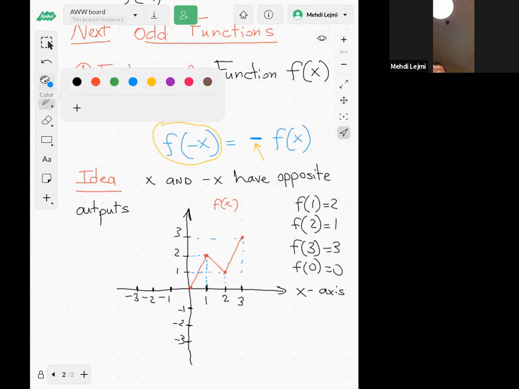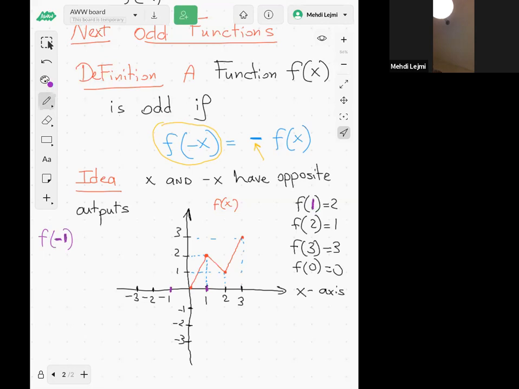So for example, if x is positive 1, and you take minus x, that will be -1. So the question is, what will be f of -1? For odd functions, 1 and -1 have opposite outputs. So f of -1 would be equal to the opposite of the output of 1. If f of 1 is 2, then f of -1 would be the opposite, which is -2.